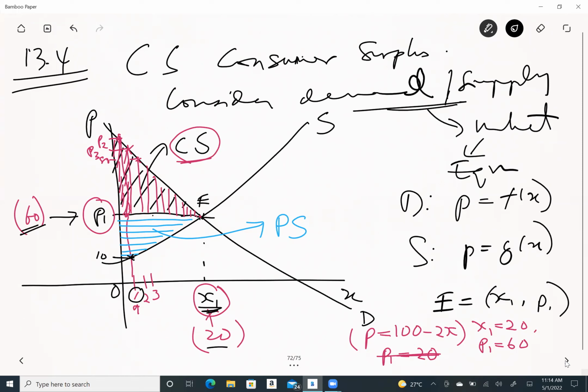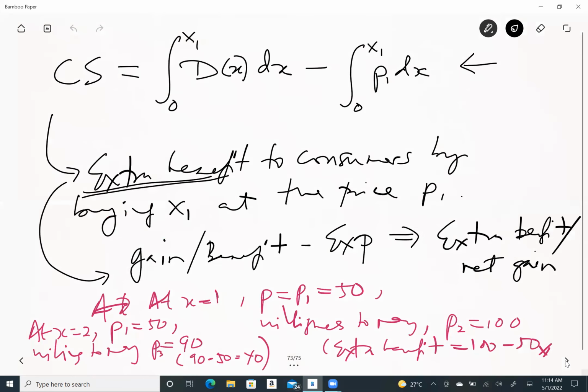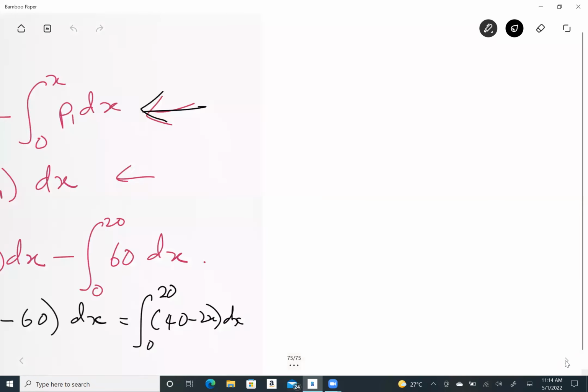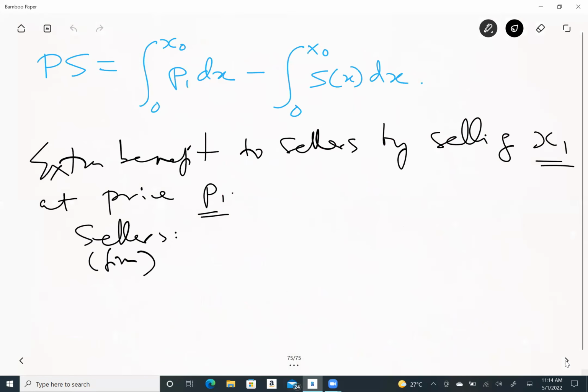Happy. So that happiness is your extra benefit. Okay, 60 minus 10, 50. So it's the difference, or the extra benefit to the firms, by selling X1 at P1.